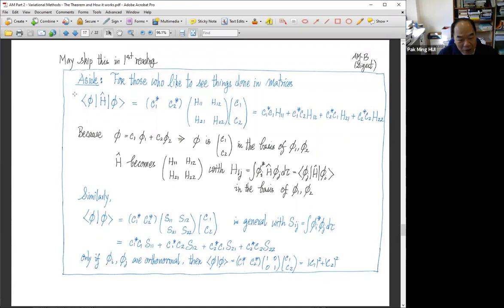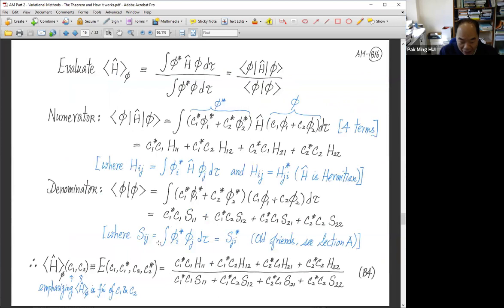Therefore, what we call phi star will be C1 star, C2 star, but in a row. And the H in between, written in the basis that you have chosen, will be this matrix. You do this matrix multiplication, you will get the numerator. And similarly for the denominator. So if you don't like this page, fine. If you follow this, everything is fine. Don't worry.